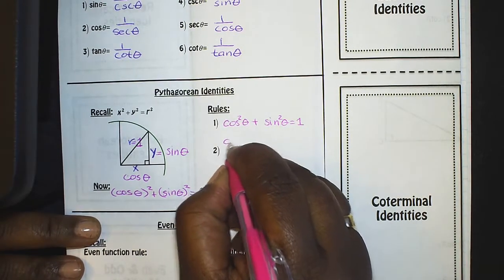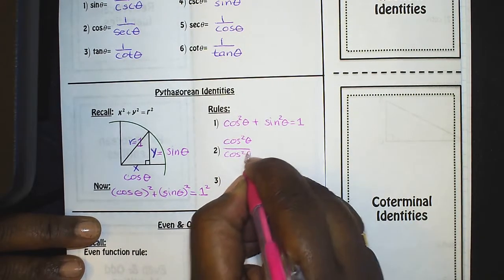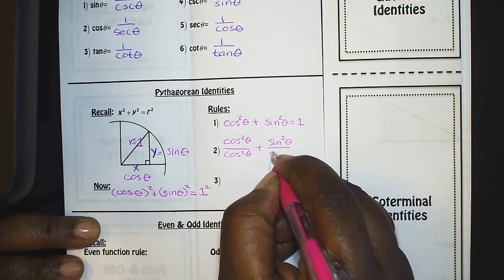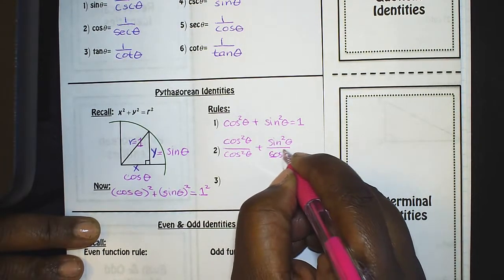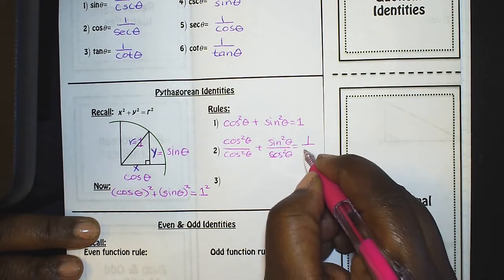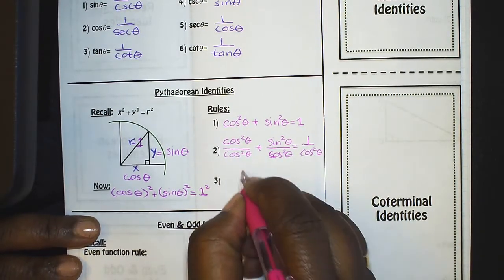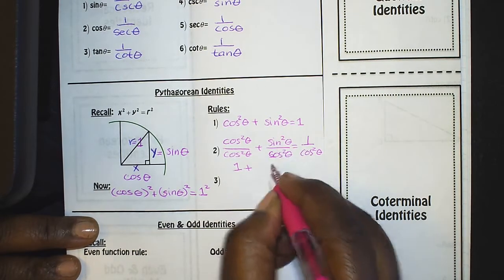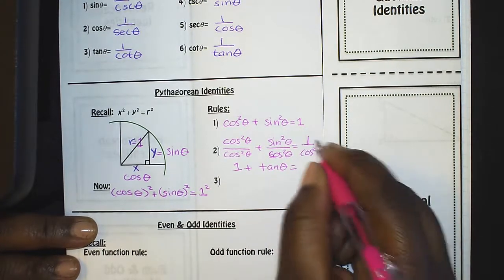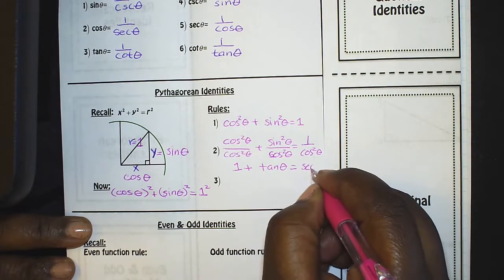When I do that, this becomes 1. Sine over cosine is tangent, so that would be tangent squared theta plus 1 equals 1 over cosine, which is secant theta, so it'll be squared.